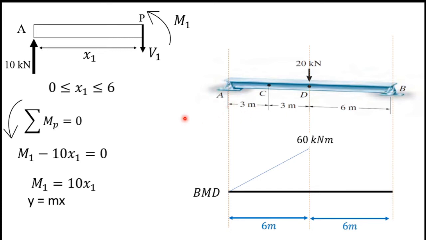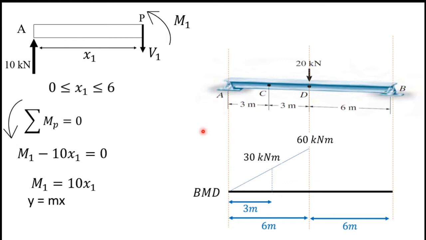So for that I substitute x1 equals 3 into this equation. When I substitute it, I will have 30 kilonewton meters. So 30 kilonewton meters is the bending moment value at this point C. So that is the AD part.